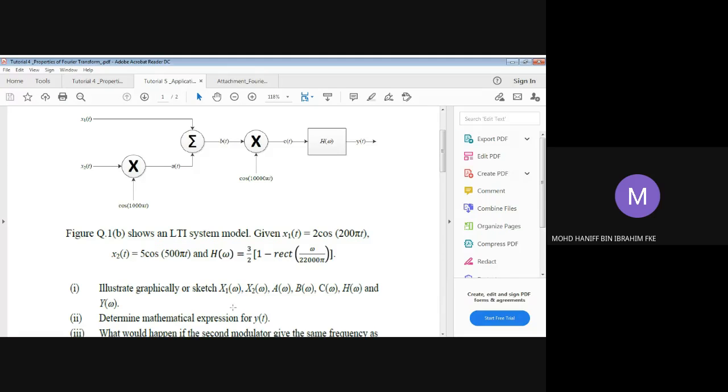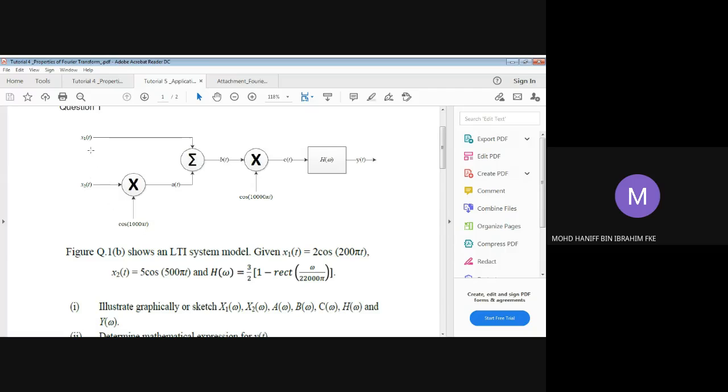So basically, this is a modulation. The question is related to modulation that we learned in class yesterday, and the question is quite straightforward. We are given two inputs, the x1(t) and the x2(t). From these two inputs, you need to find a(t), you also need to find b(t), and also you need to find c(t).